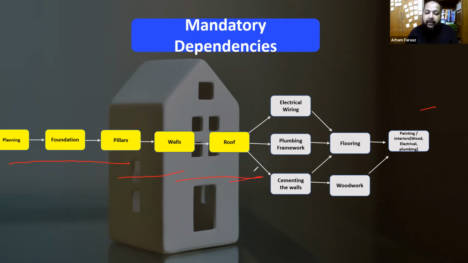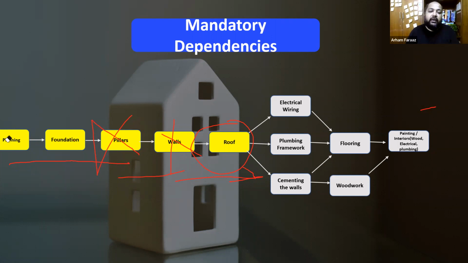So the roof cannot be built or started unless the walls are made. Pillars cannot be put unless the foundation is made, right? So the successor activity pillar has a mandatory dependency on the predecessor activity foundation. That's what this slide says, mandatory.